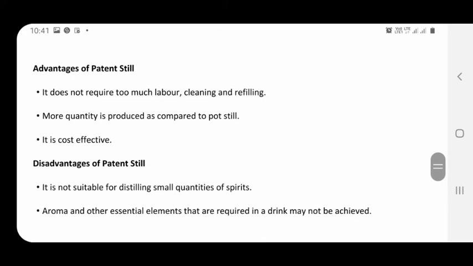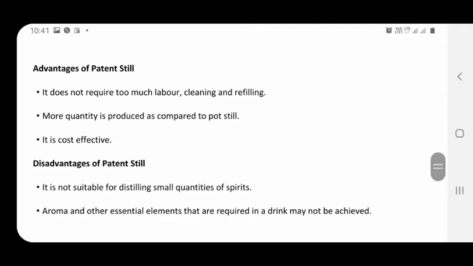Just look at the picture of this. You can see the patent still in the picture. The alcoholic vapor leaves the analyzer column to enter the rectifier for further distillation.